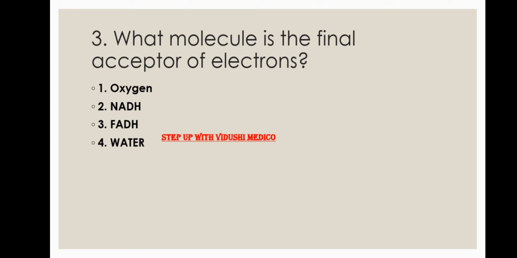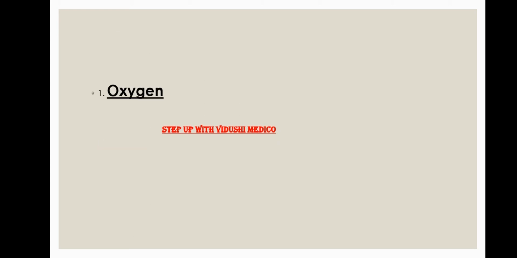I hope you all remember it, and I am telling you again and again that this is an important question. So the answer is oxygen. After complex 5 ATP synthase, the final electron acceptor is oxygen. I think I have discussed this in part 2 of my video. I will share the link of part 1 and part 2 in the description box. You can go through it.